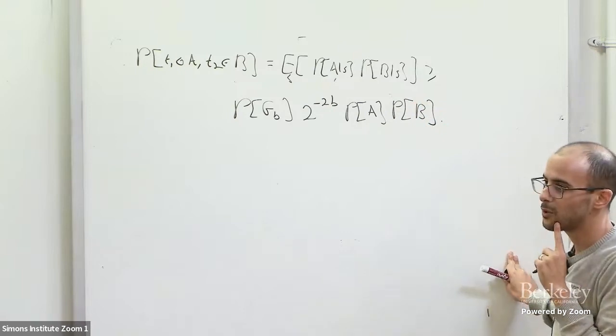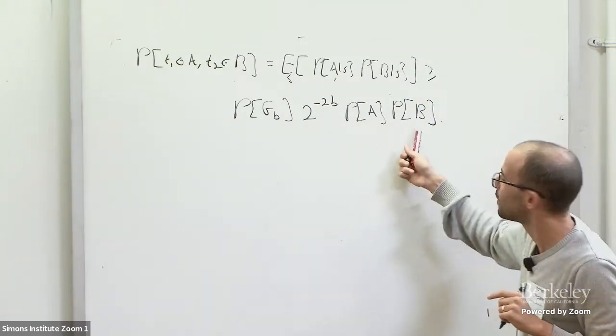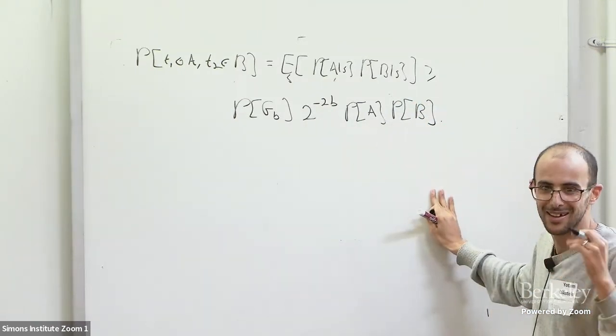I am now noticing that I used little b and capital B, so I'm saying B a lot. I apologize.